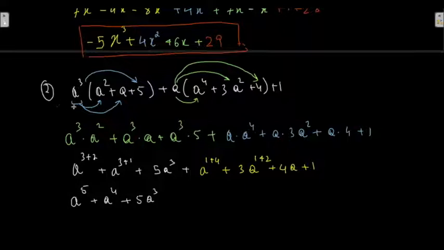So finally we have solved this bracket. Here it becomes a raised to power 5 plus 3a raised to power 3 plus 4a plus 1.